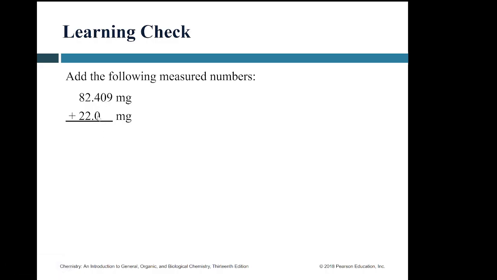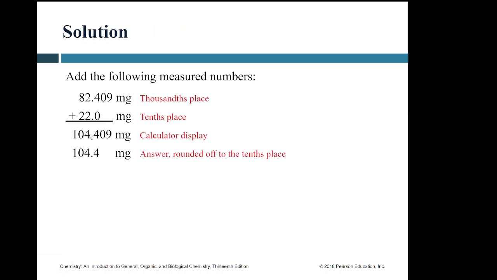You got it. Perfect. So we'll round to the tenths, and that digit right here is a 0, so we don't have to worry about it. We'll end up with 104.4. Again, that's because we're going to round to the tenths place.